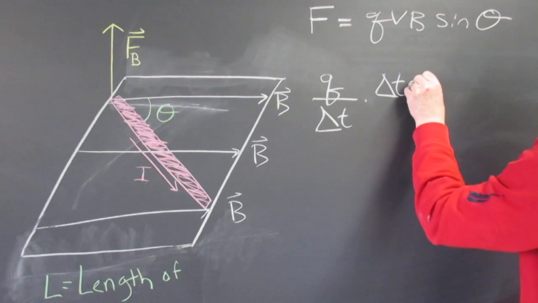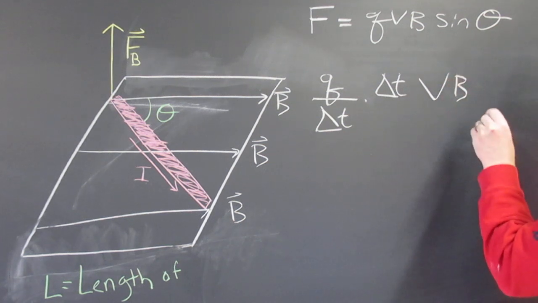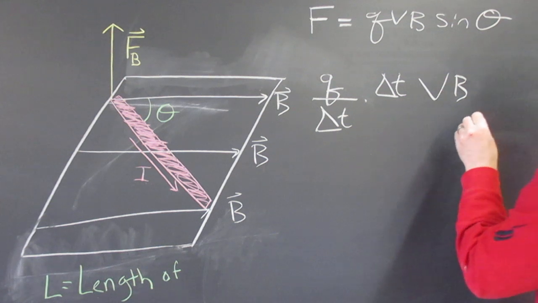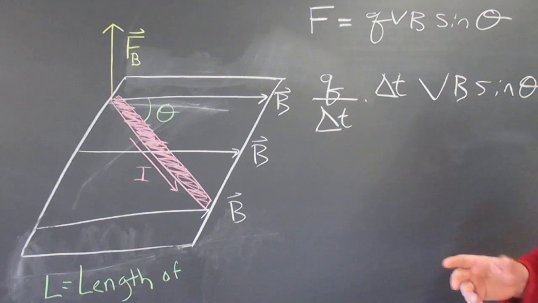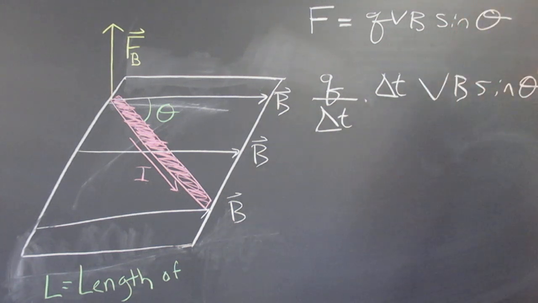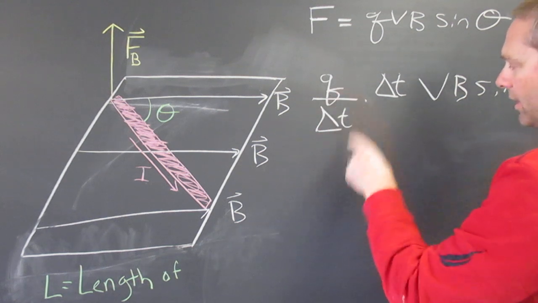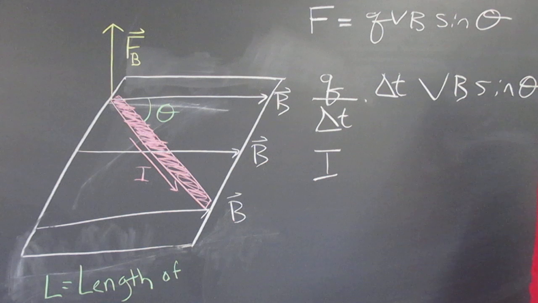And then we're going to have a velocity times the magnitude of the B field, sine of theta. Now, if you recall, this term, Q over T, is equal to I.